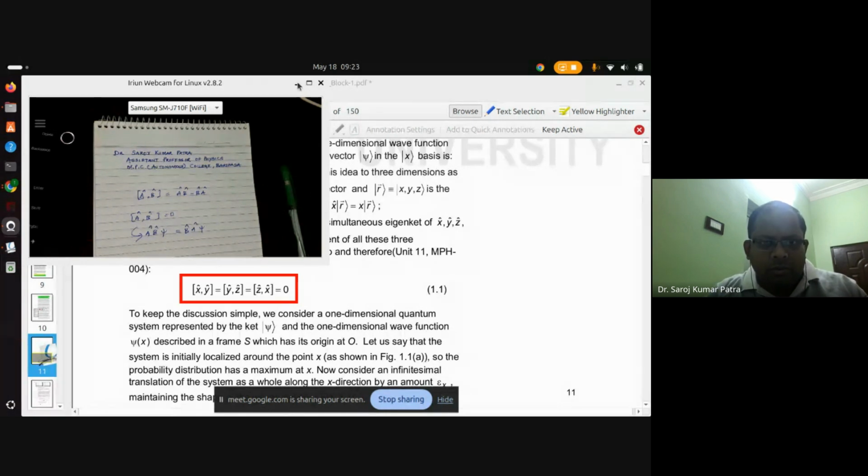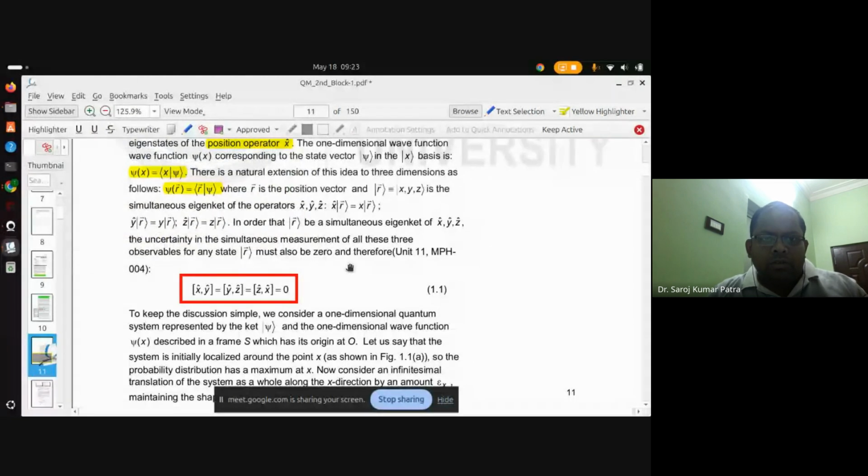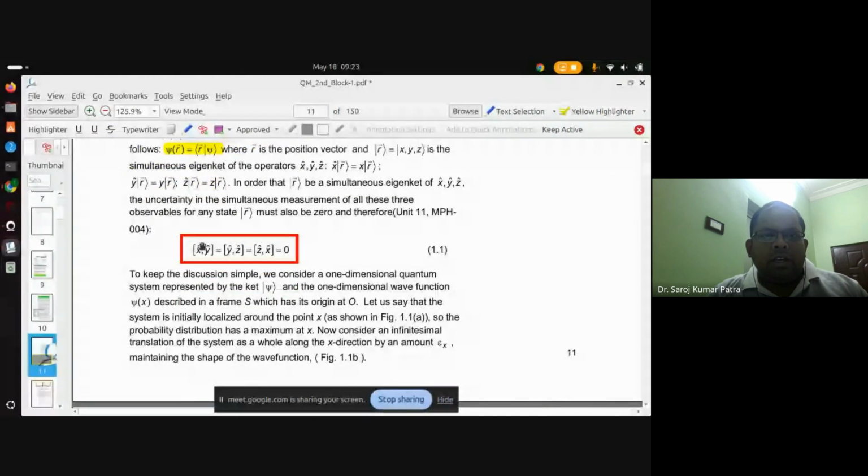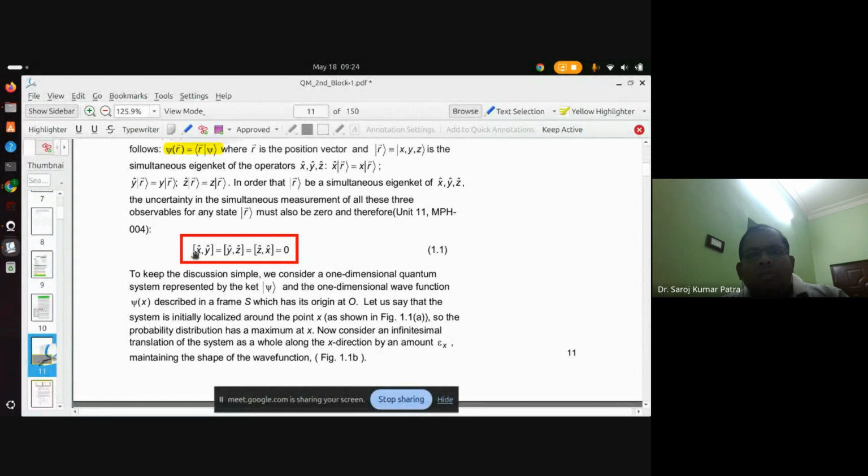So moving back to the PDF again. What does this mean? X and Y commute with each other. That means it does not matter if you measure the x position first and then the y position, or the y position first and then the x position. Interchangeability is allowed.